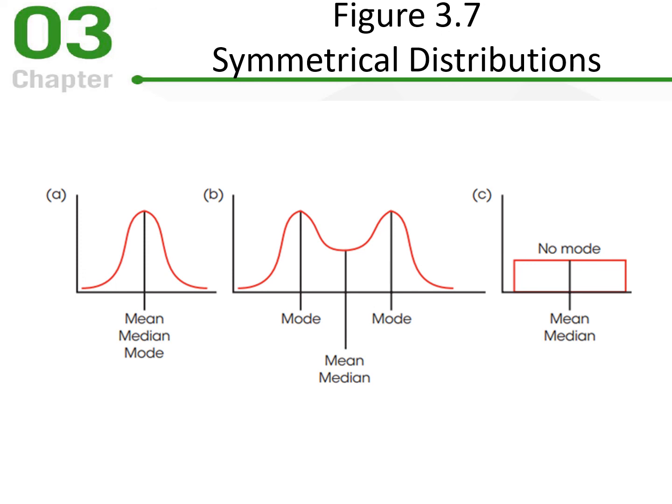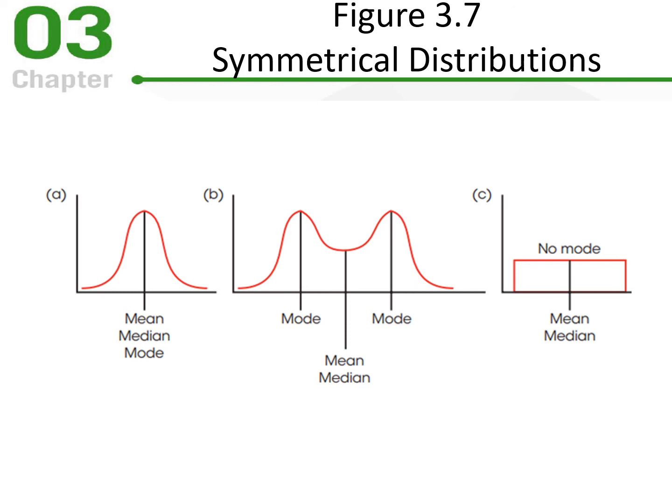So if you look at picture A, these are all symmetrical distributions, so the left and the right halves are the same. In figure A, you have a normal distribution. The mean, the median, and mode are all the same. In picture B, you have a symmetrical distribution that is bimodal. Here, the mean and the median are the same, but you have two different modes.